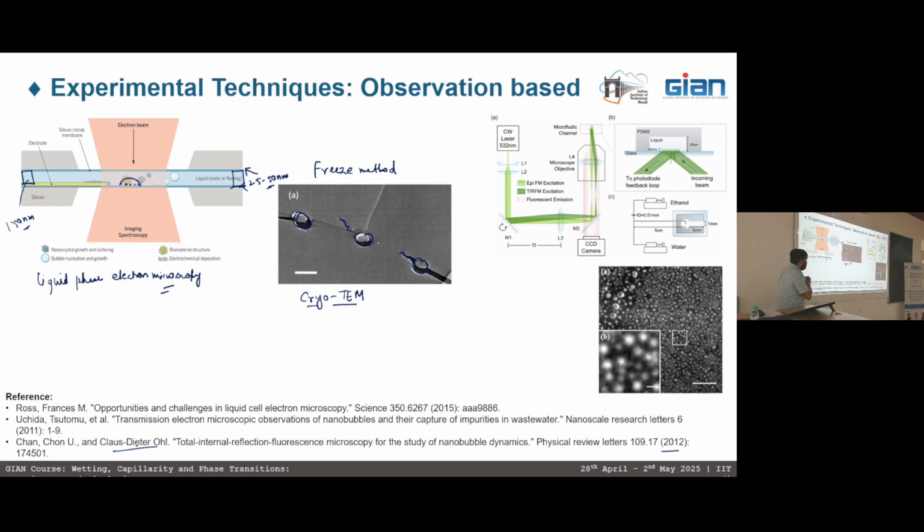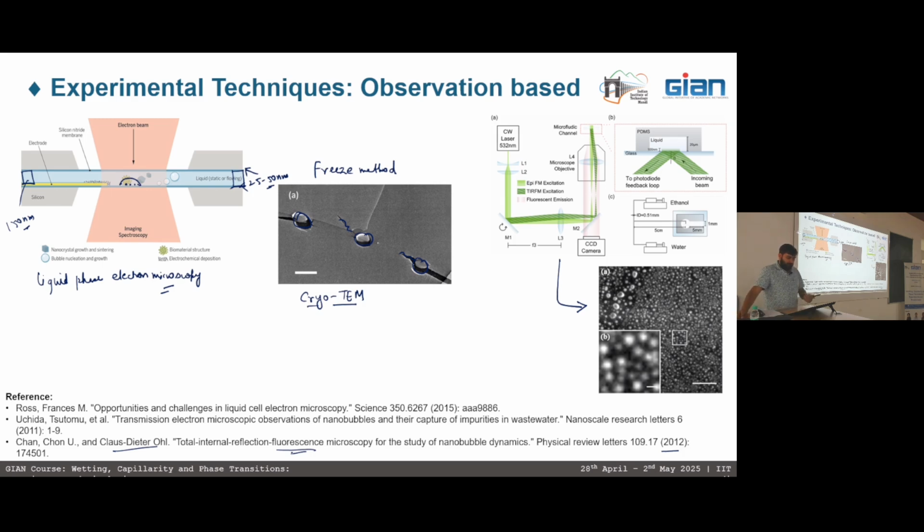So he is using a laser, with glass on one side, and on the other side he is able to produce nanobubbles using the solvent exchange method. When the laser strikes here, you see a change in the total internal reflection signal, and from that they are able to get this image. They are also using fluorescent molecules which emit light when a certain wavelength is thrown onto those bubbles.